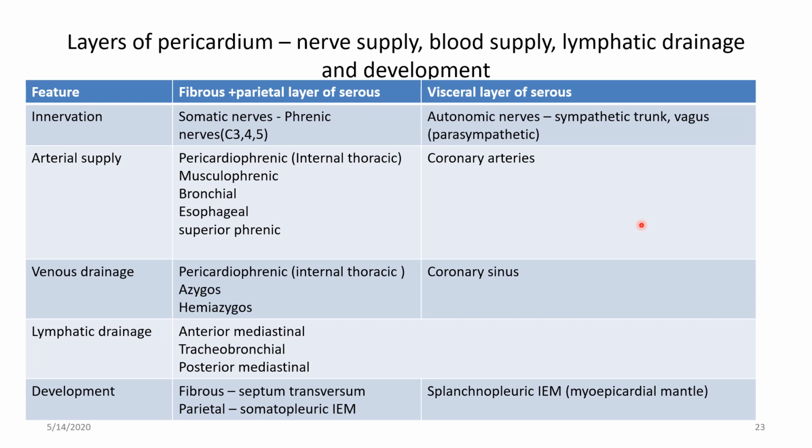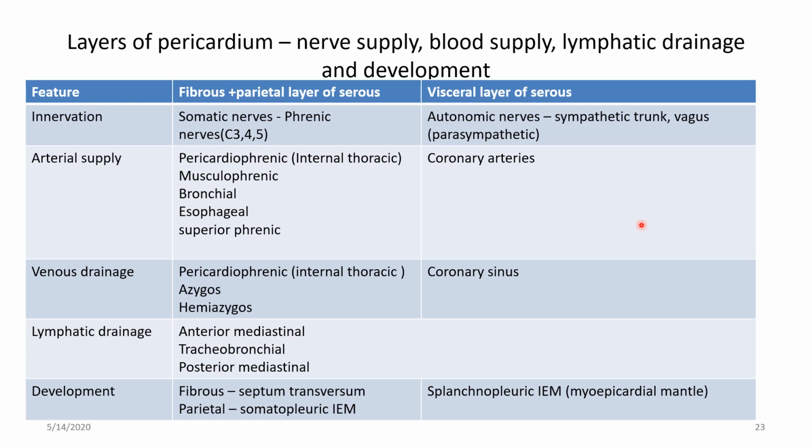Coming to the development of fibrous and parietal layer of serous pericardium, the fibrous layer develops from septum transversum along with the central tendon of diaphragm, because of which it is attached to it. Then the parietal layer, it develops from the somatopleuric layer of intraembryonic mesoderm.